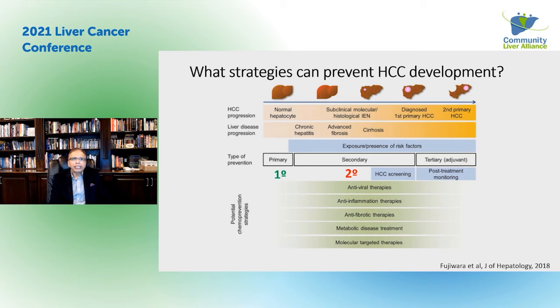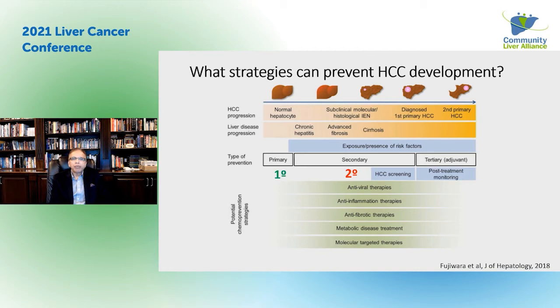So the question is, what sort of strategies can we apply to prevent HCC development at different stages of the disease process? The primary prevention would be before chronic hepatitis actually develops. Secondary, when there is chronic hepatitis, advanced fibrosis and cirrhosis, and perhaps there is early development of HCC.